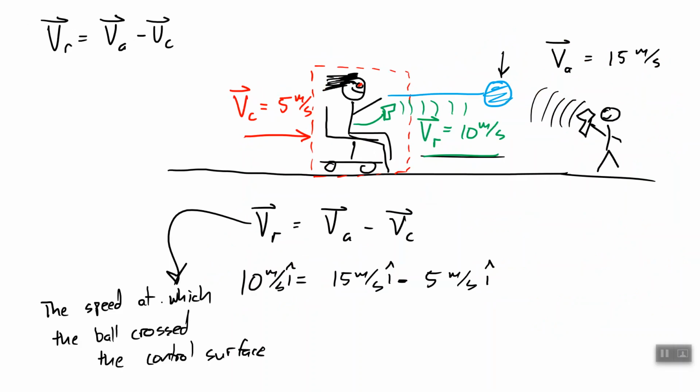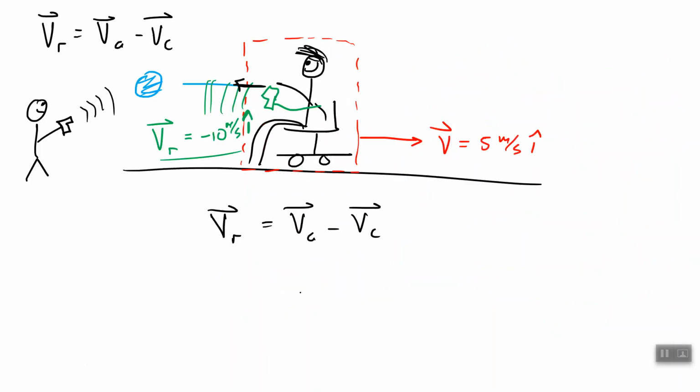That means the speed at which the ball is crossing the control surface. So the ball crosses the control surface at 10 meters per second to the left. So I'm going to write a negative 10 meters per second I hat. That's going to be equal to this velocity vector, which is what I'm trying to find. This is, of course, what this person is going to measure.